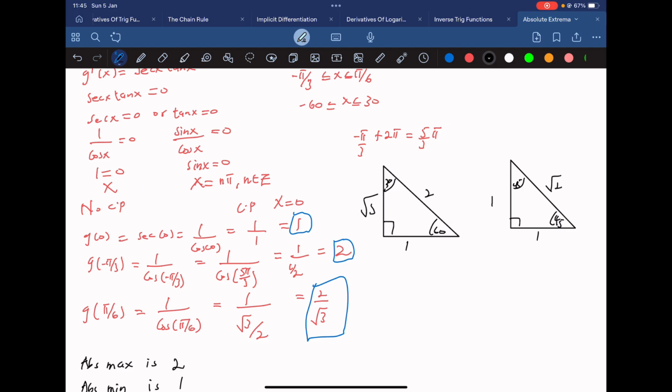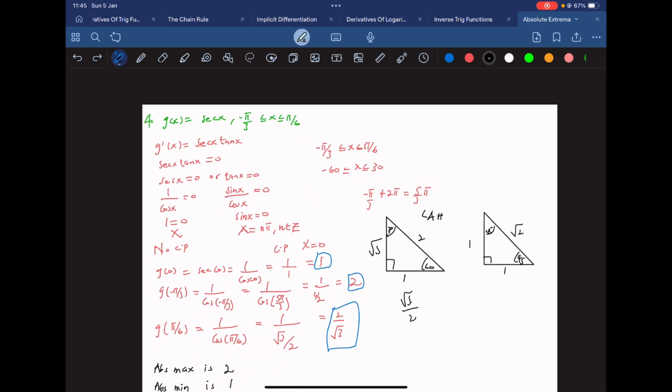So for instance, how do we find cosine of pi over 6? Now pi over 6 is 30 degrees, so we have to use the first triangle. Cos is adjacent over hypotenuse. The adjacent of 30 here is root 3, so we have root 3 out of the hypotenuse, which is 2. So that's why we had root 3 over 2 over here. So you have to use these reference triangles to always solve your problems.